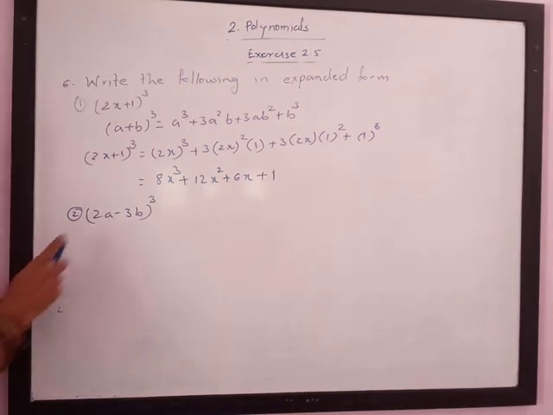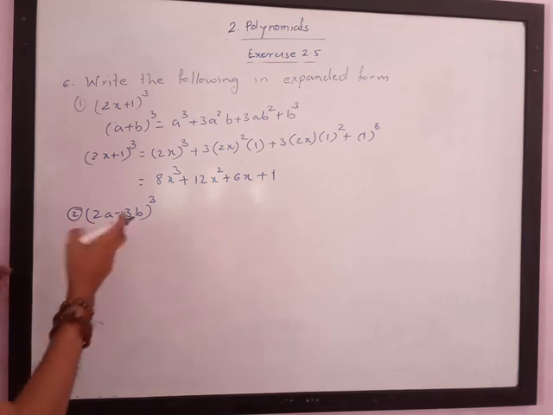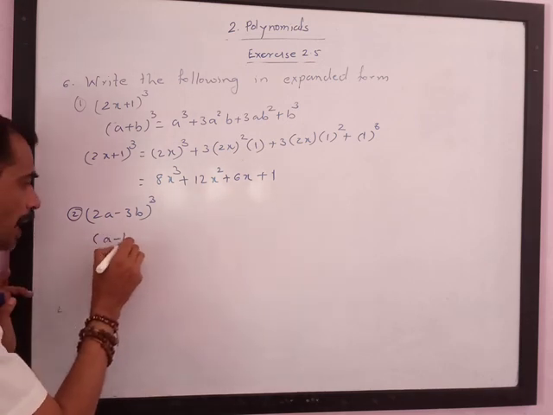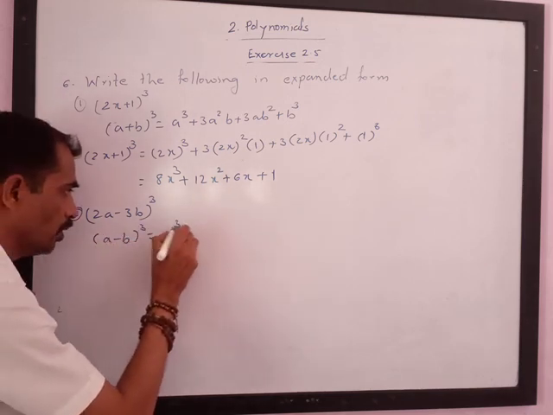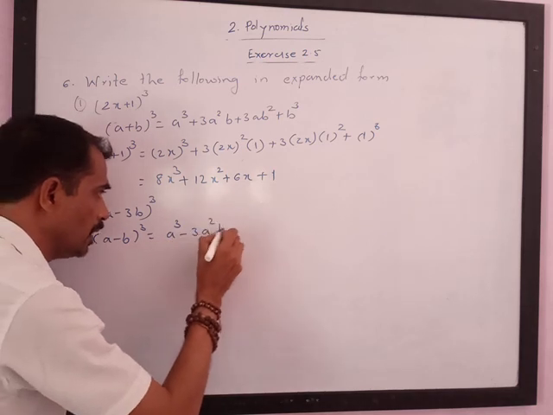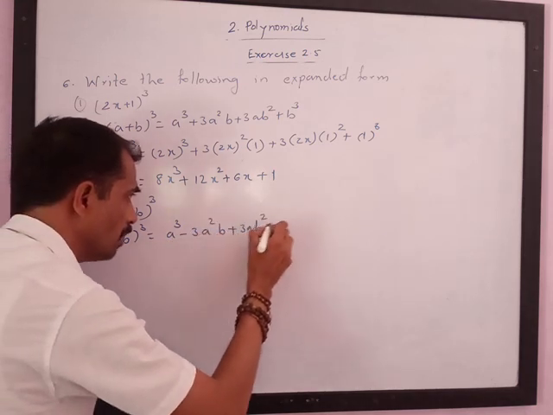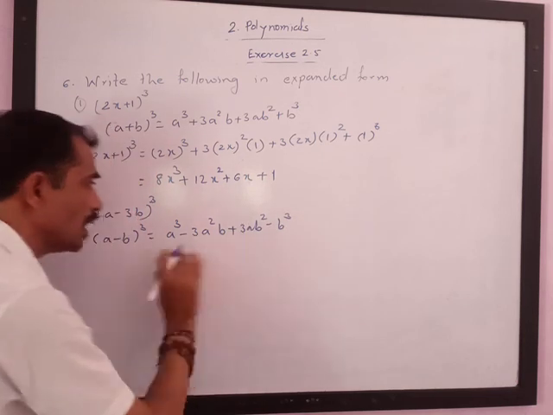Next question is 2a minus 3b bracket cube. Now this is of the form a minus b bracket cube. This is equal to a cube minus 3a square b plus 3ab square minus b cube. Please note, negative signs are alternate.